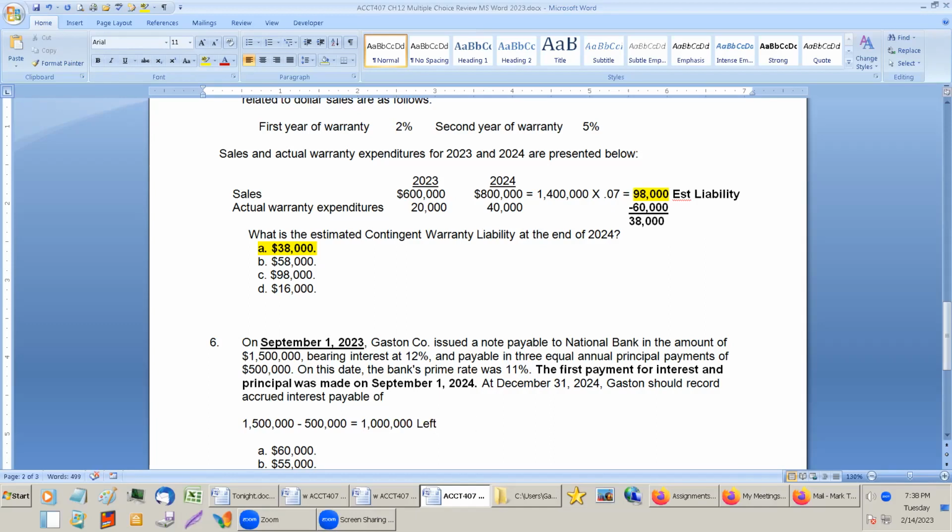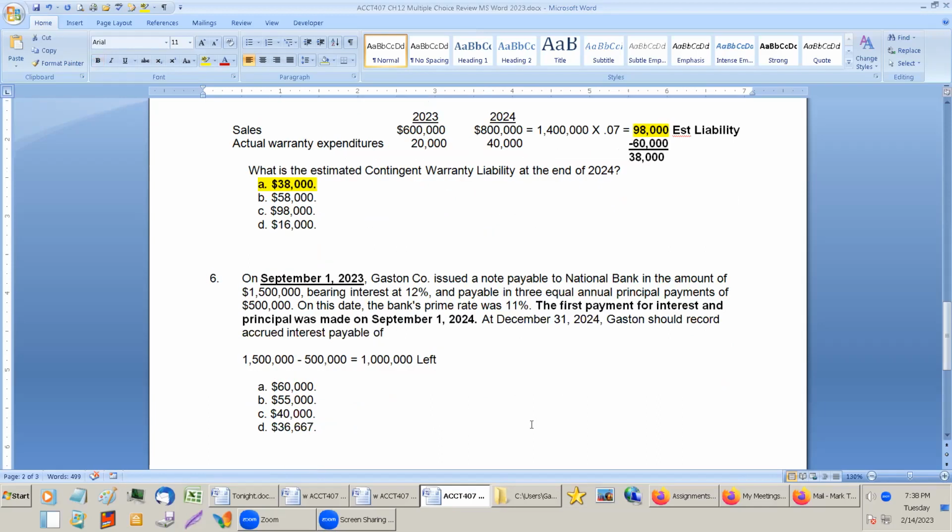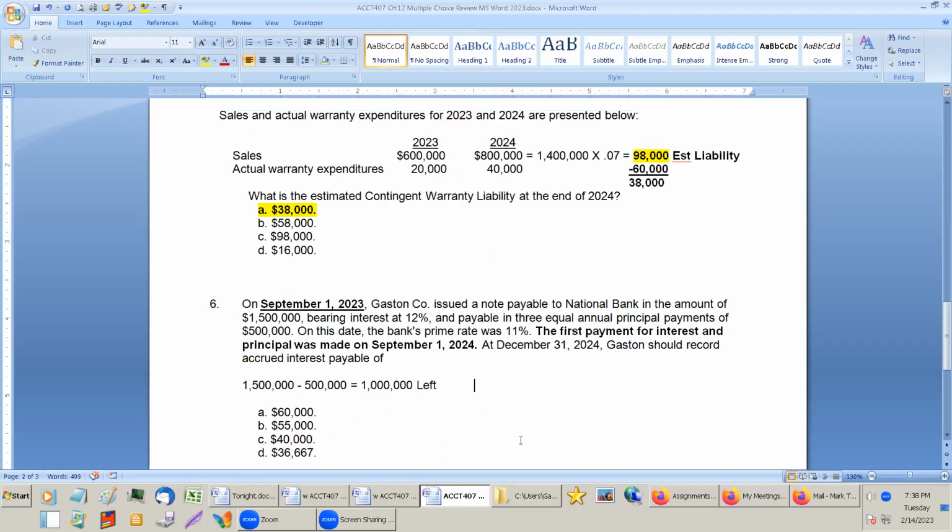And then we say, okay, between September 1st, 2024 and December 31st, 2024, how many months went by? 4. So 40,000 is the answer for that. Kind of a wacky one, the way it's worded.